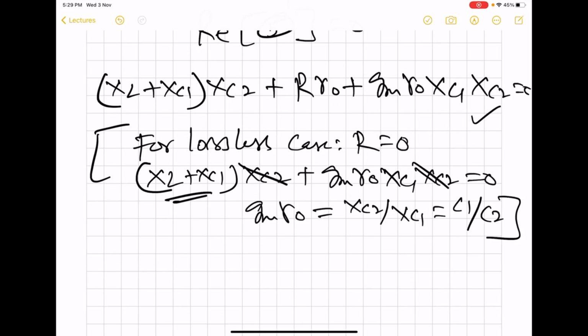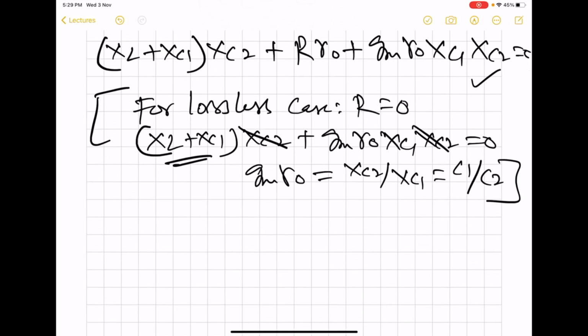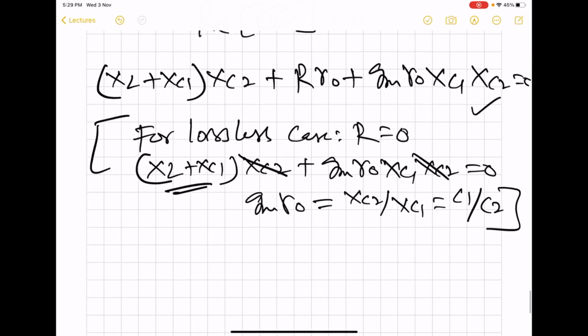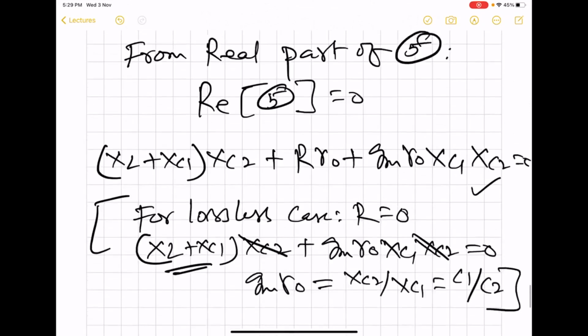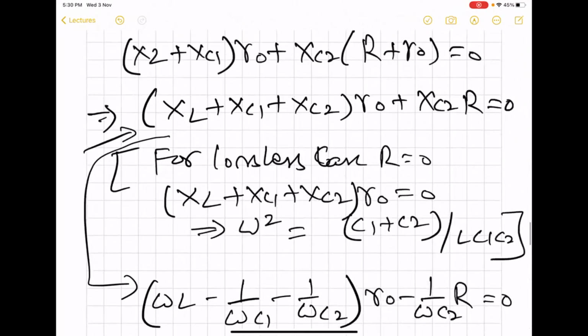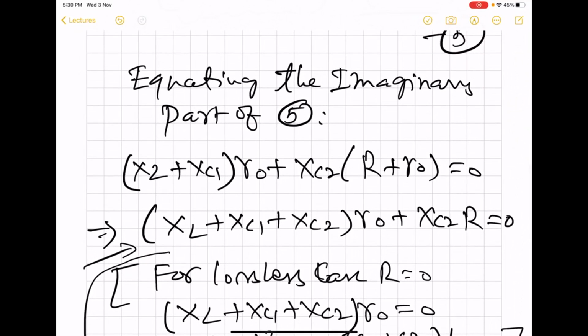So now we can elaborate this. Here, we have to now replace this XL plus XC1 using the previous equation that we had got for the imaginary part, here the equation 6.